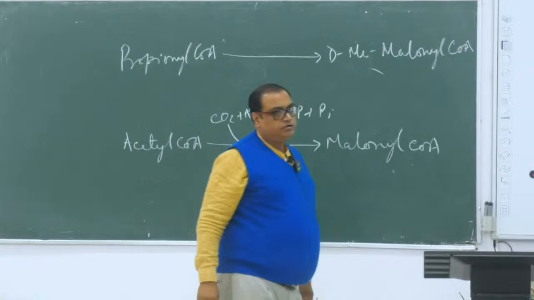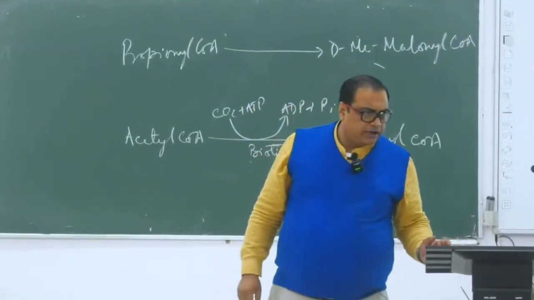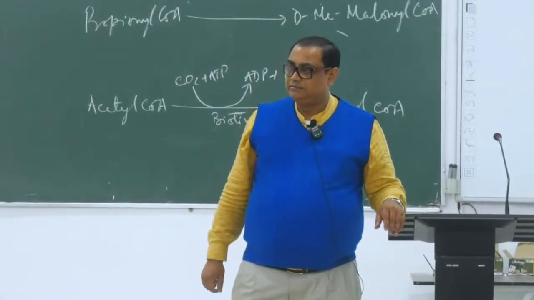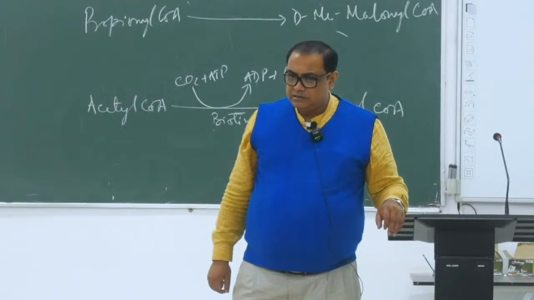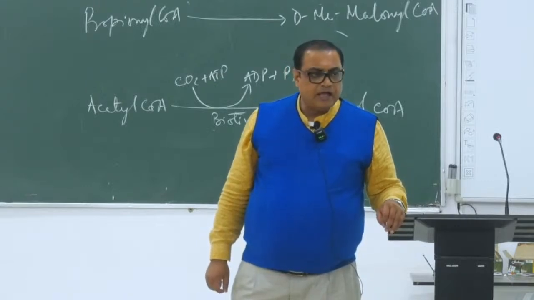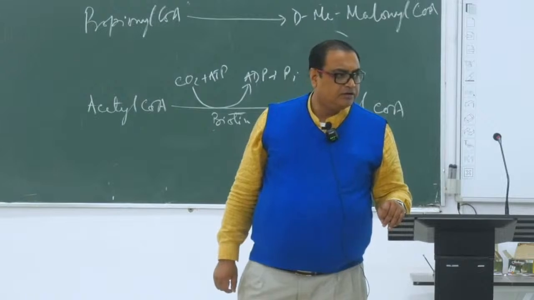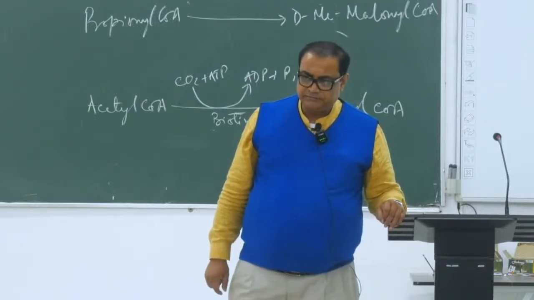Good. So this is a reaction through which propionyl CoA enters the TCA cycle, through succinyl coenzyme A. So this is an anaplerotic reaction, or catabolic pathway.